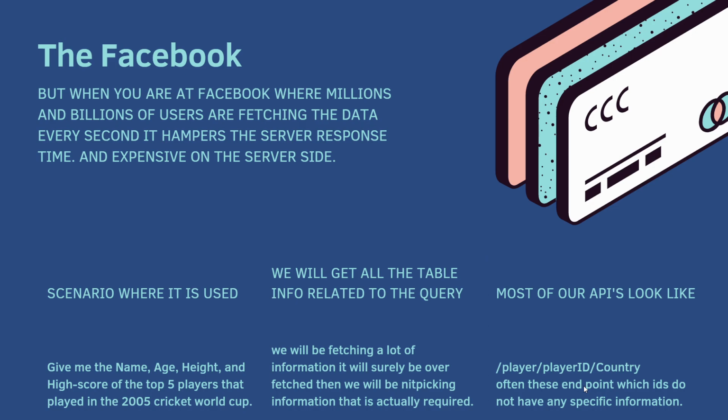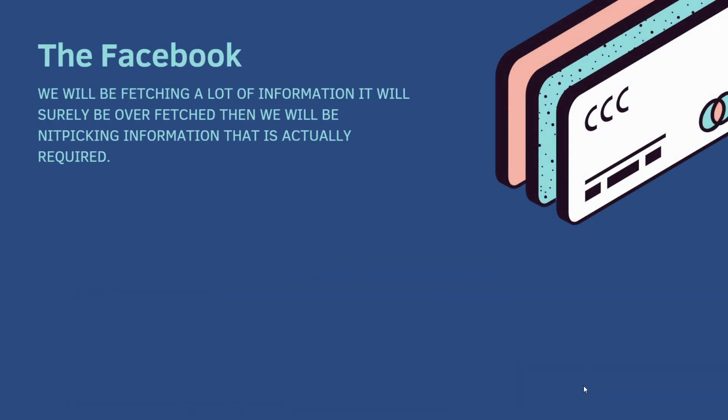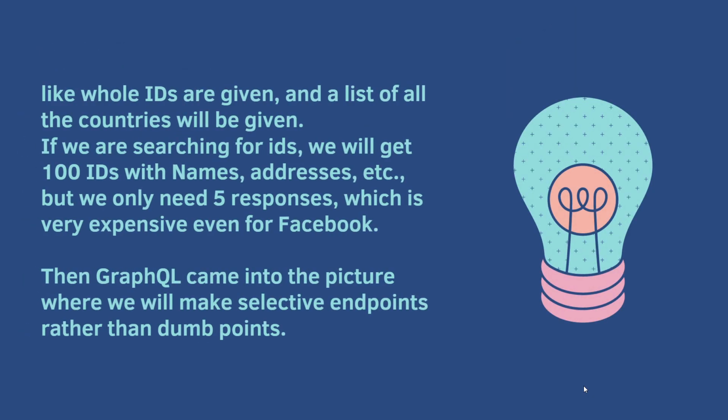Most of the APIs will look like slash player, slash player id, slash player country, and often these endpoints with IDs do not have any specific information. At Facebook, we will be fetching a lot of information, so it will surely be overfetched. Then we will be nitpicking the information that is actually required. We do that when we are dealing with huge data, or where customer interaction is huge.